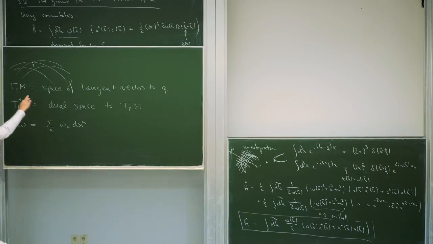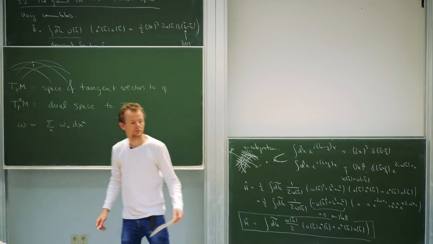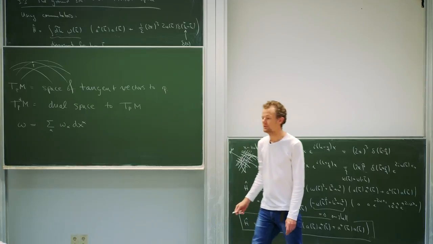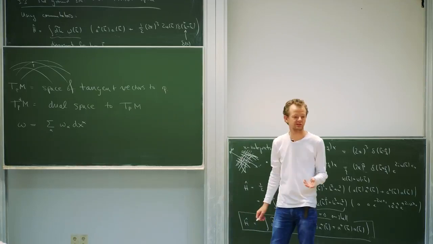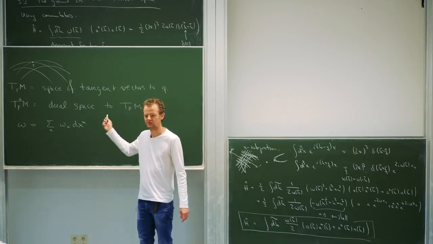All right, so we have this vector space, we have that vector space. We could just go ahead and work with these objects, but it turns out that if we want to build a sensible notion of integration on a manifold, we want to build bigger vector spaces.